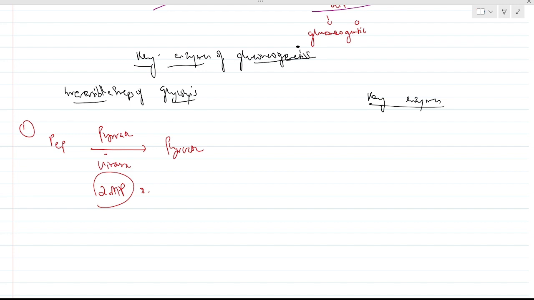In relation to this, we have the formation of oxaloacetate from pyruvate. The first key enzyme here is pyruvate carboxylase.